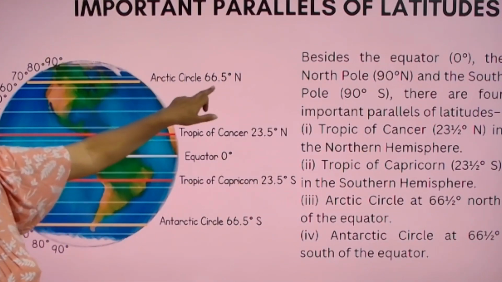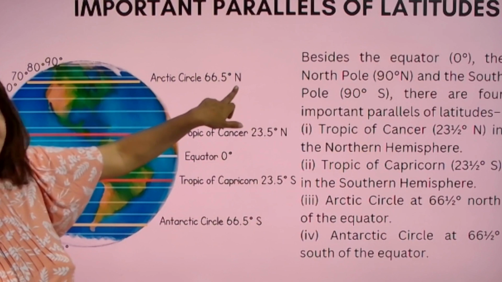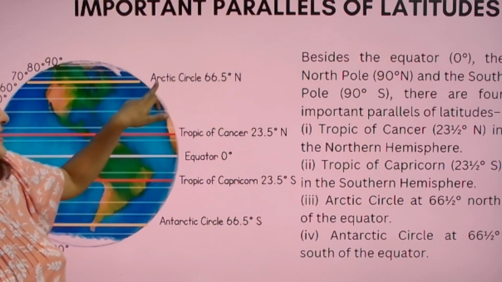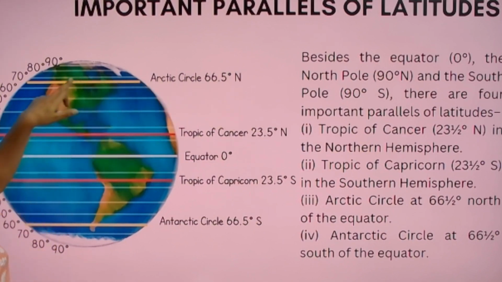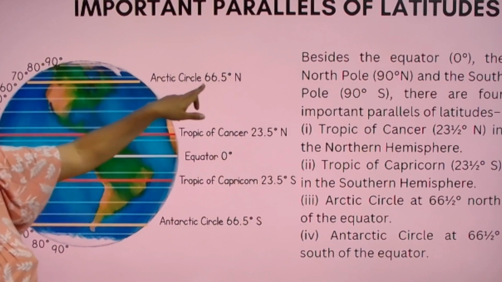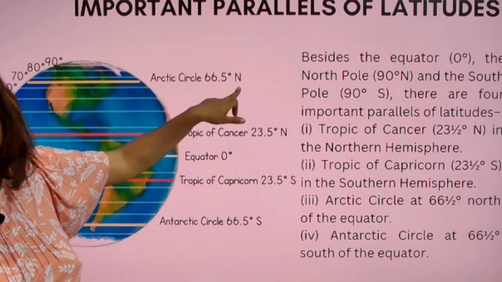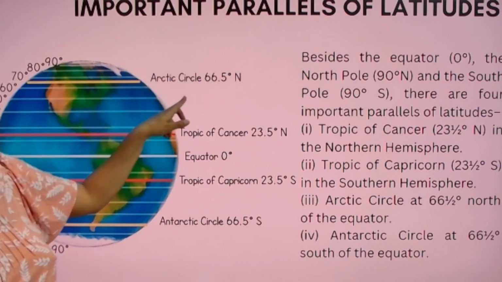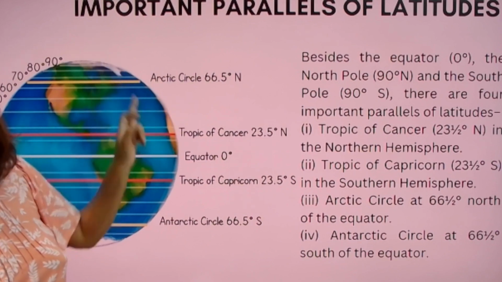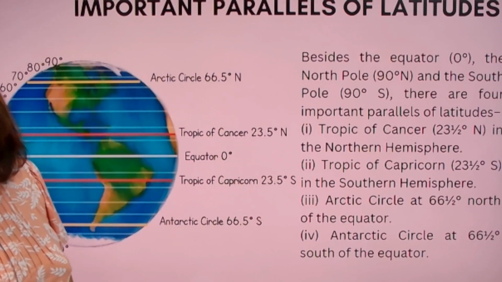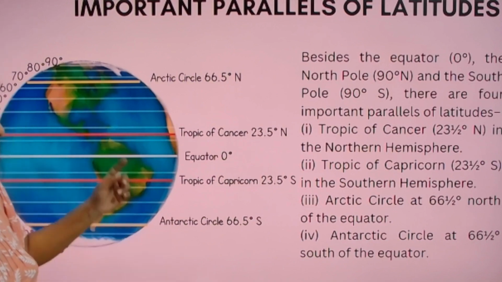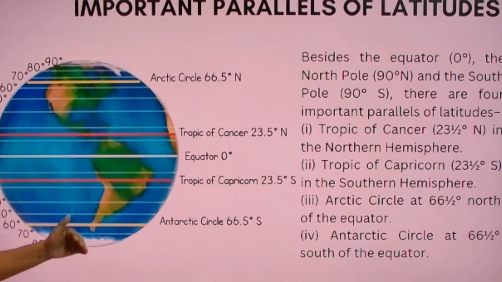When I look at 66.5 degree northern hemisphere, I can find the Arctic Circle. So here at 66.5 degree northern latitude, I have the Arctic Circle, and at 90 degree northern latitude, I have the northern pole. Let's go to the southern hemisphere.